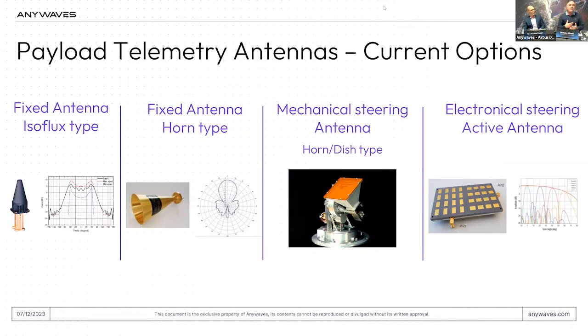So it's a smooth steering that allows you to download the image while you are imaging or doing your science mission. So you can answer one of the main requests of our customers, which is real-time downloading of the data. That's why we are focusing on active antennas, and this is a very, very interesting potential product.